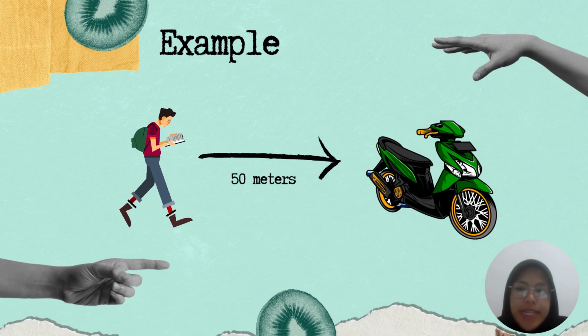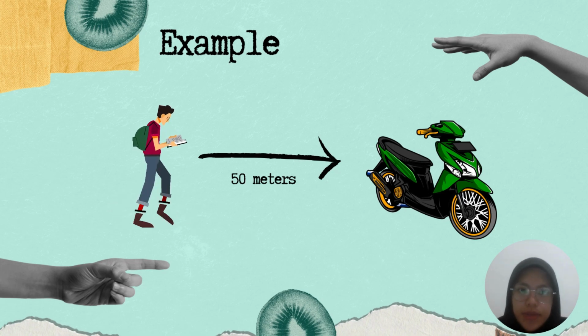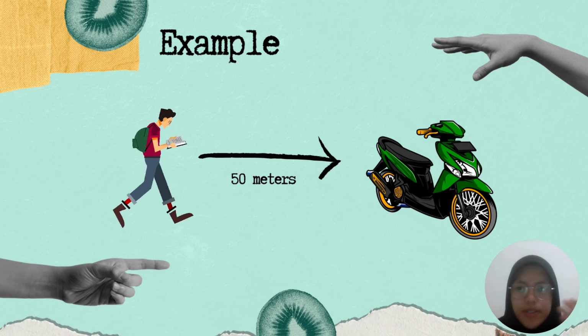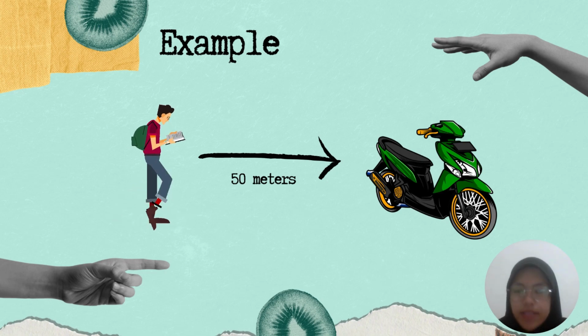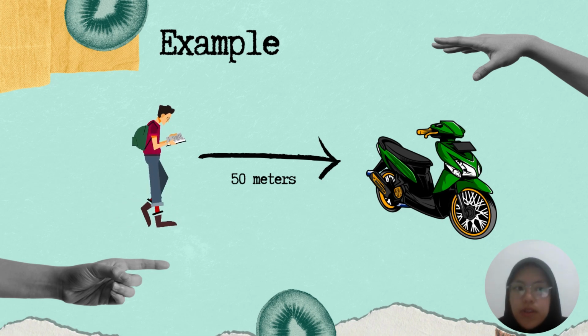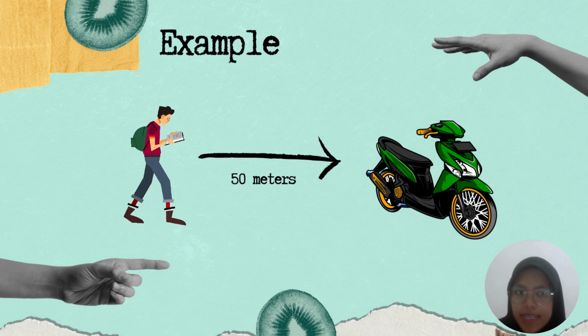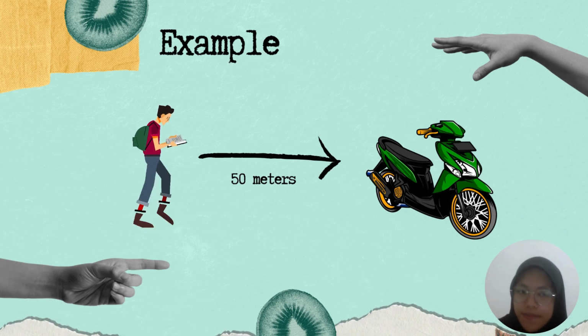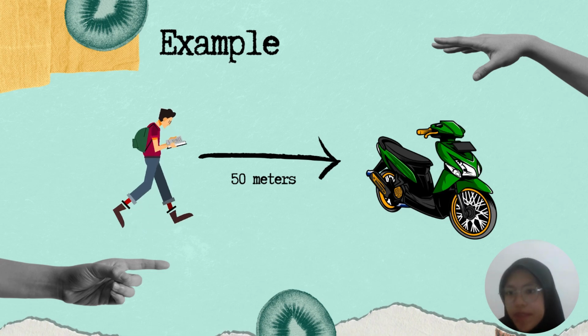Let me explain scalar quantity based on this scenario. Suppose you want to describe how far the person walked. You measure the distance between the starting point and the ending point. This distance is a scalar quantity because it only has magnitude. For example, the person walked 50 meters.